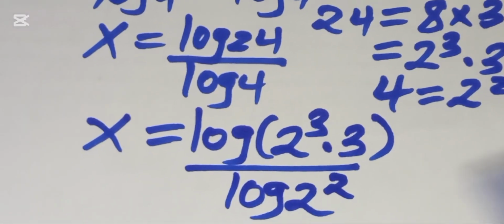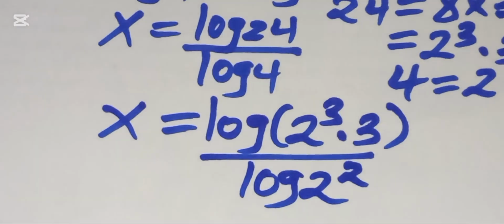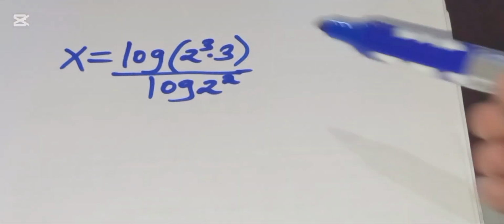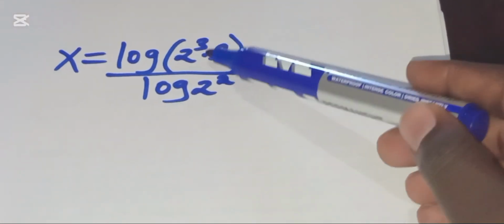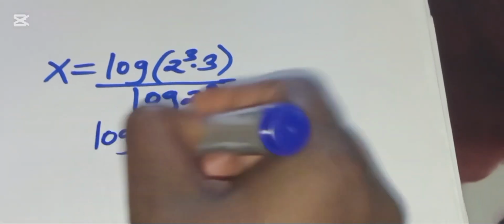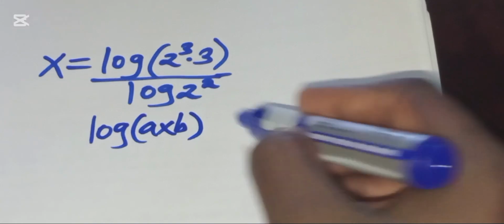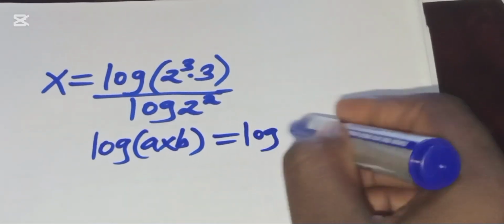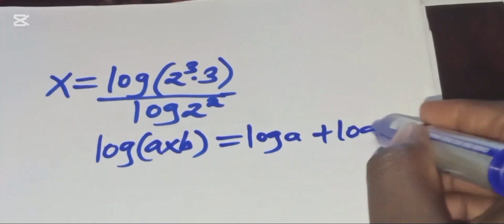Now from what we have here, we have log of 2 cubed multiplied by 3, which is in the form of log a multiplied by b, which you can express as log a plus log b.